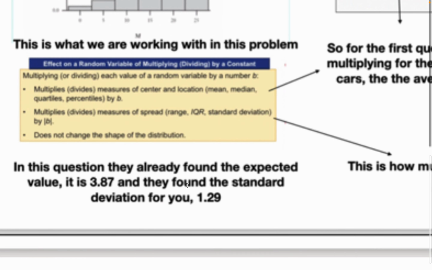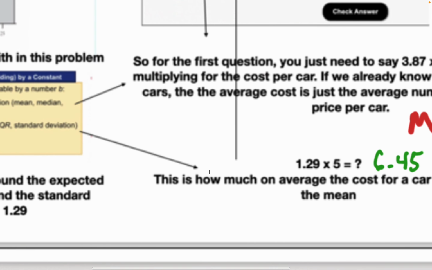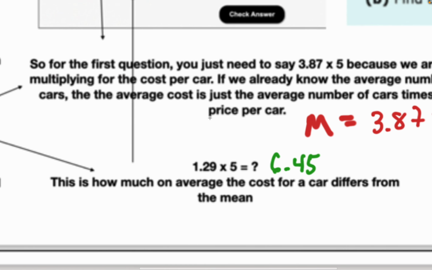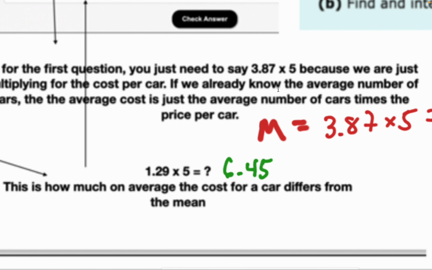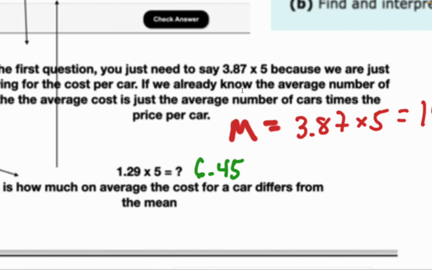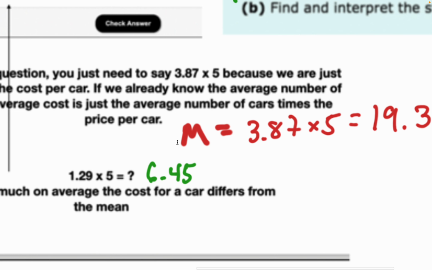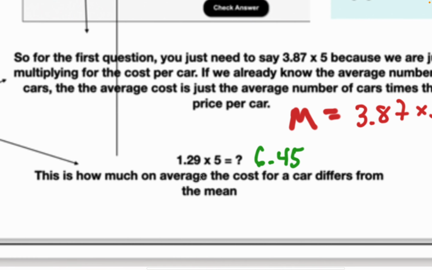And then it asks, what's our mean expected value? Well, if all we're doing is taking the number of cars and multiplying it by 5, the mean of that is just going to be times 5. And the same idea goes for the standard deviation.